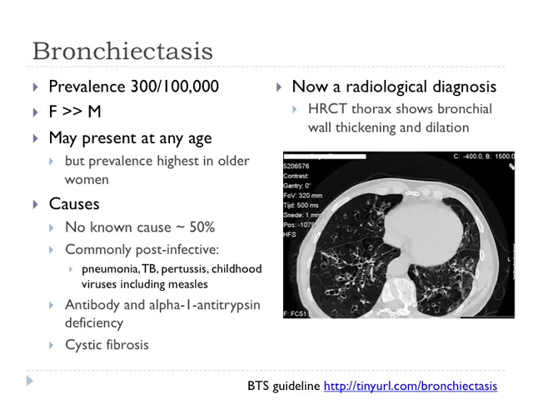Now in recent years, with the ready availability of CT scans, this has become a radiological diagnosis. The patients will have a CT scan, and this will show thickening of the bronchial wall and dilatation, as you can see in this CT here.